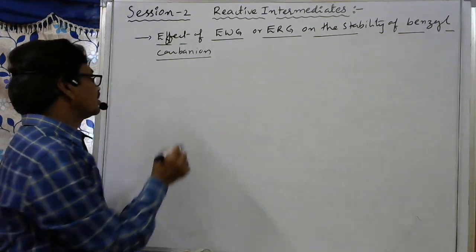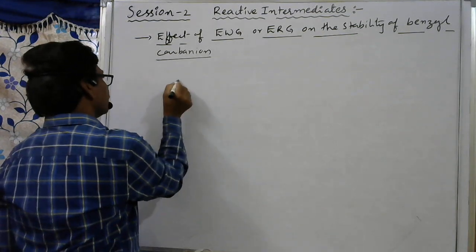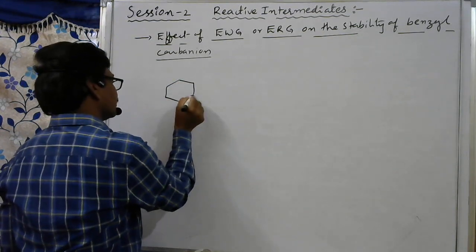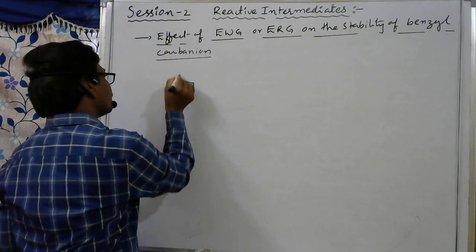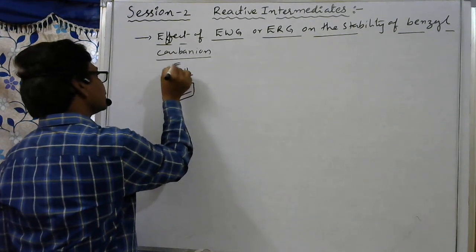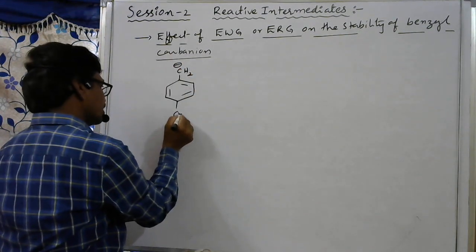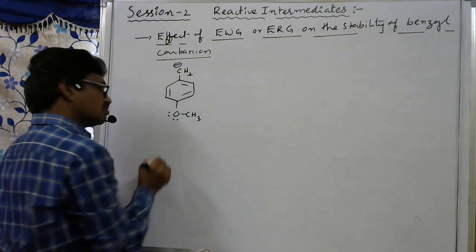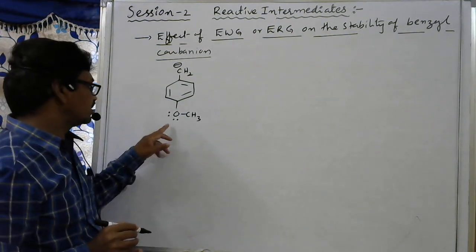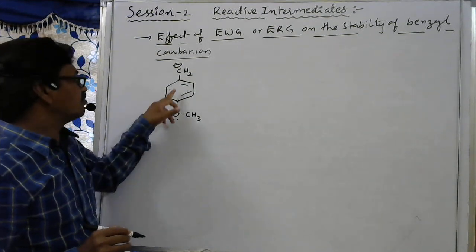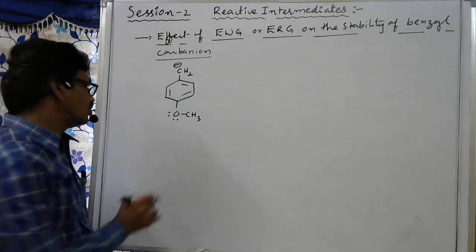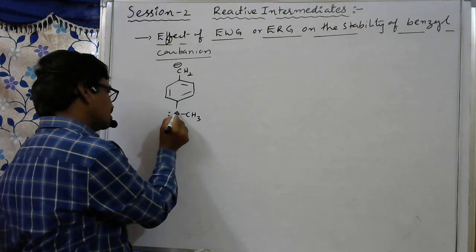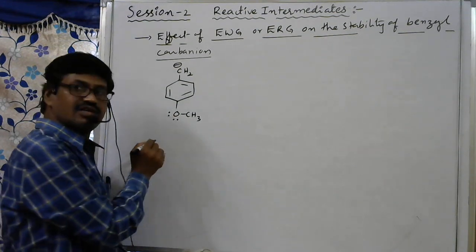So here I am writing this example. First I am taking benzyl carbanion, CH2 minus, here OCH3. Similarly, as in the last sessions I gave the explanation. Here it is para-methoxy benzyl carbanion. You know, the methoxy group. See, this is an oxygen atom. On the oxygen atom, two lone pairs of electrons are present.